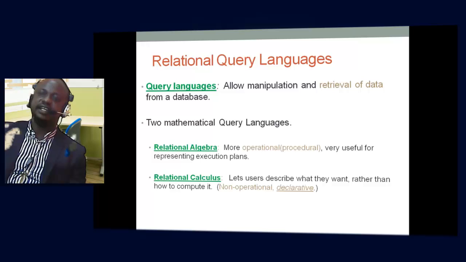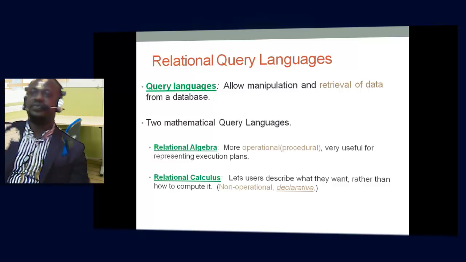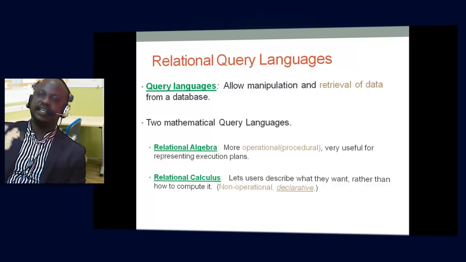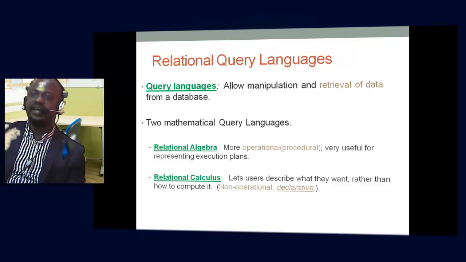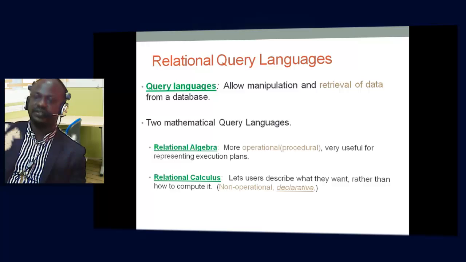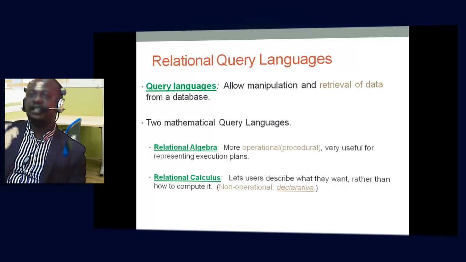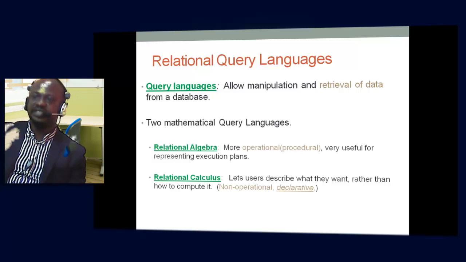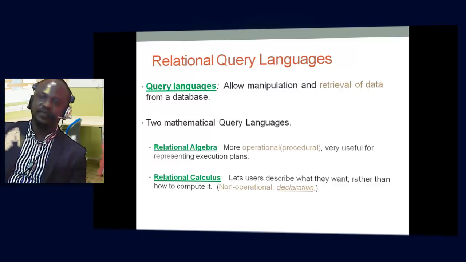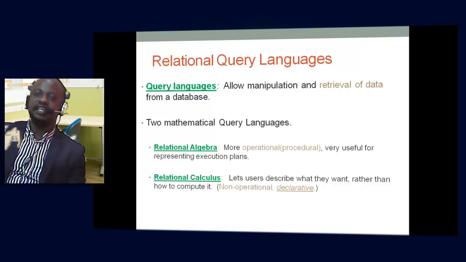The difference between the two is that relational algebra is procedural and relational calculus is non-procedural. For now, just take it like this. When we take the individual topics, you will understand it in detail.